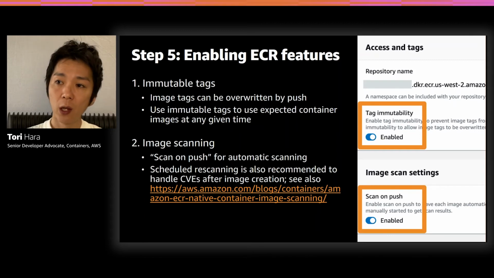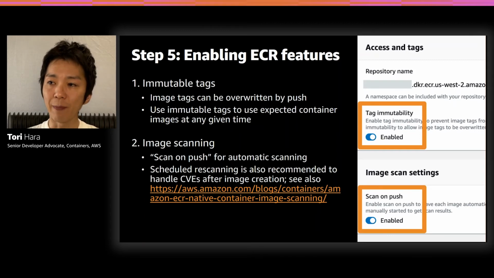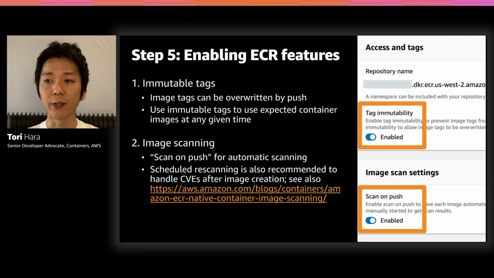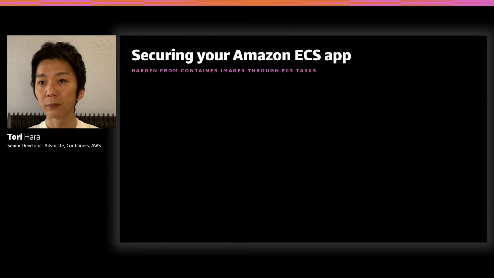As you may know, container image tags are not immutable by default, so enabling this is an effective way to prevent using unexpected container images in your ECS tasks. Also, image scanning is effective for handling CVEs for the container images. So please take a look at the blog post which covers this story and how to do it with some example code.